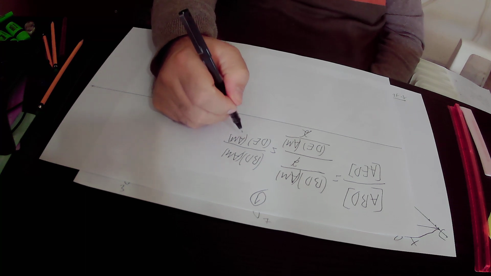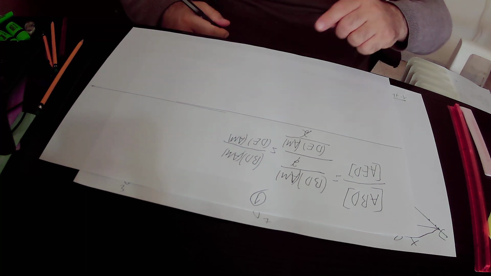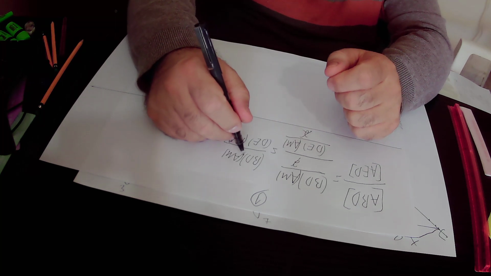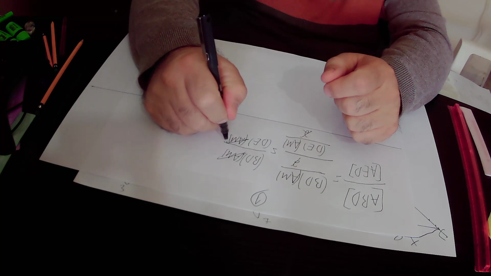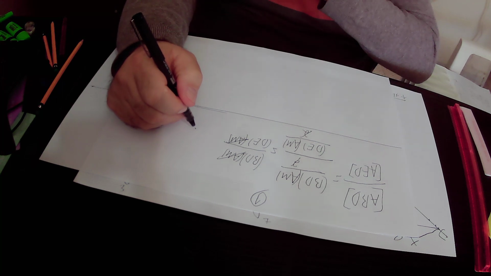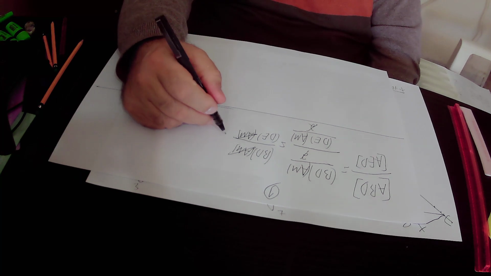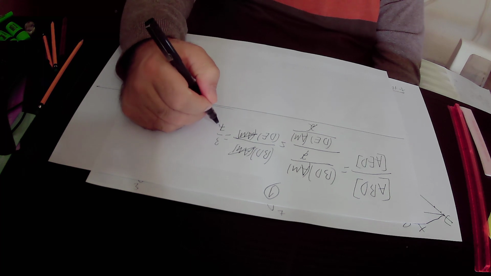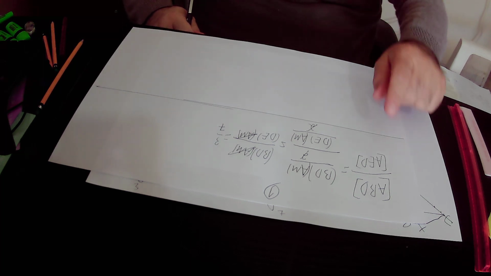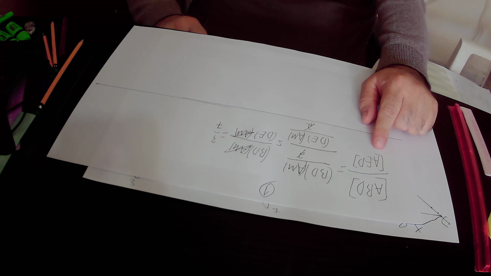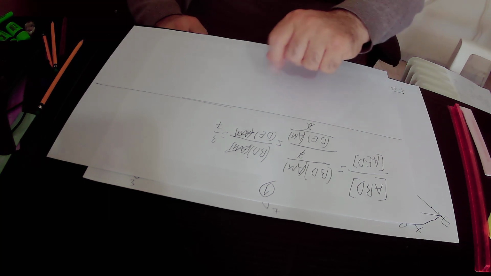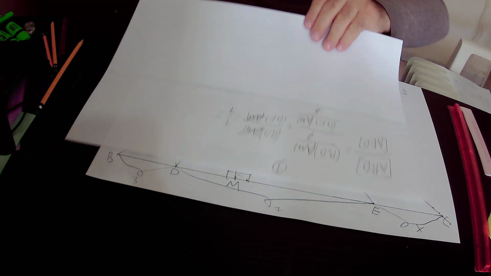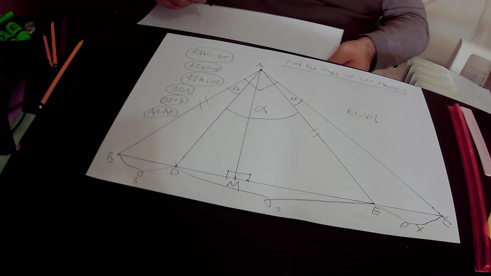So here we have AM in the numerator and AM in the denominator, so AM will get cancelled. And we know that BD is equal to 3 units and DE equals 7 units. So in conclusion, we found that the area of triangle ABD over the area of triangle AED is equal to 3 over 7.